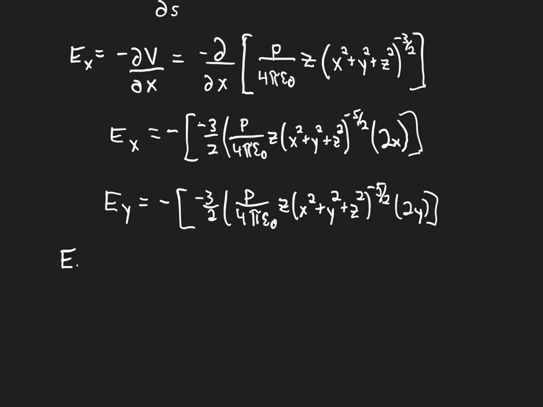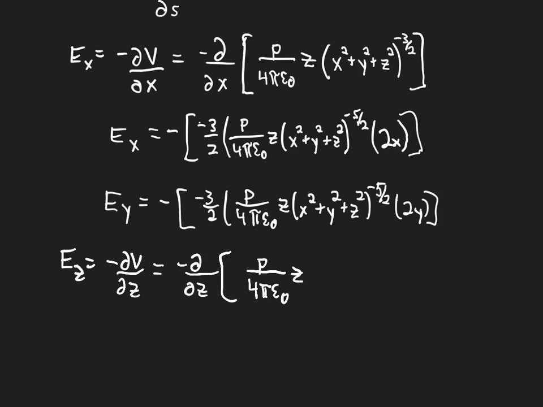Now we need to do Ez, which coincidentally is not very easy. Derivative with respect to z. So let's do the negative derivative with respect to z of all this stuff: p over 4 pi epsilon naught, z times x squared plus y squared plus z squared to the negative 3/2.